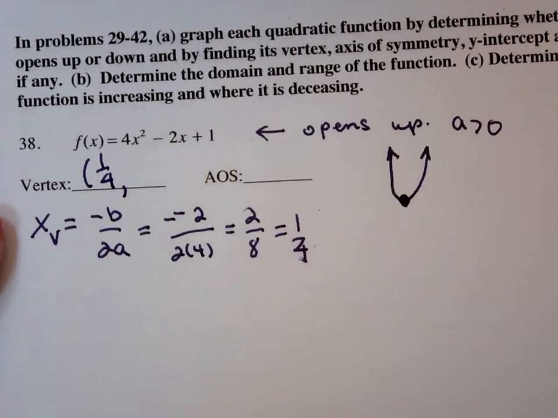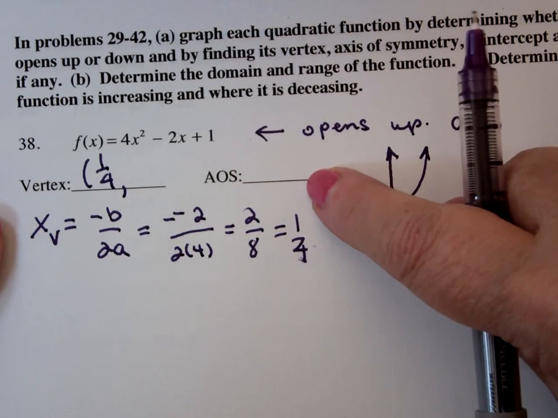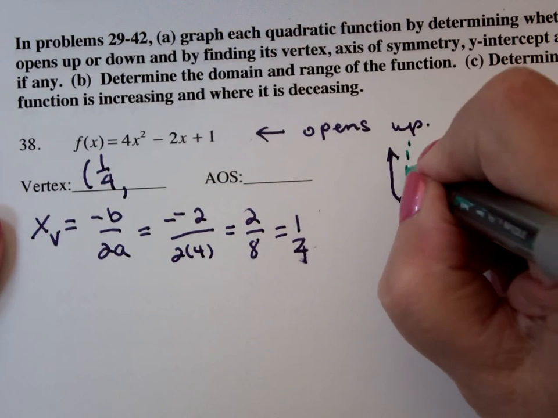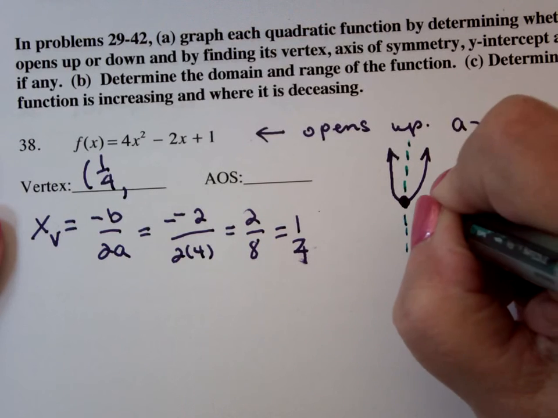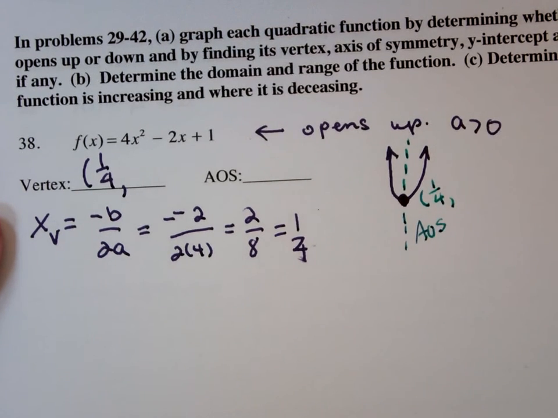Now, just with that information, I can answer the axis of symmetry. Why? Because the axis of symmetry cuts the parabola in half. I know that the x-coordinate is 1/4.